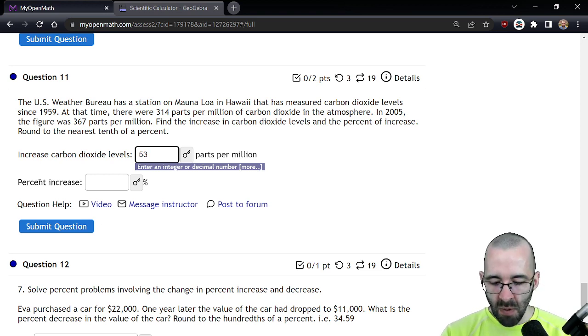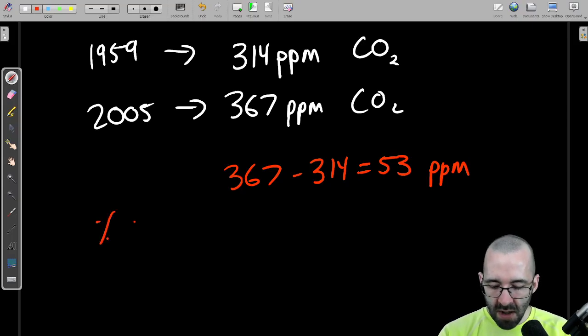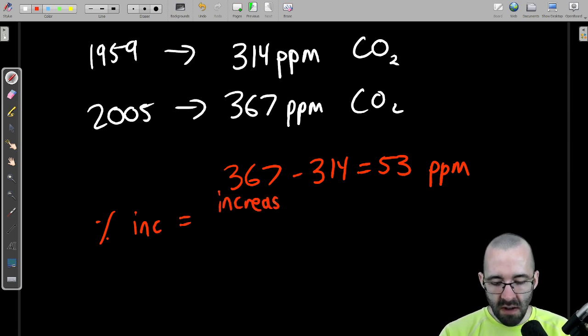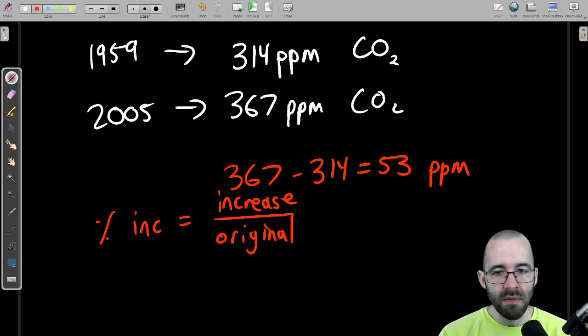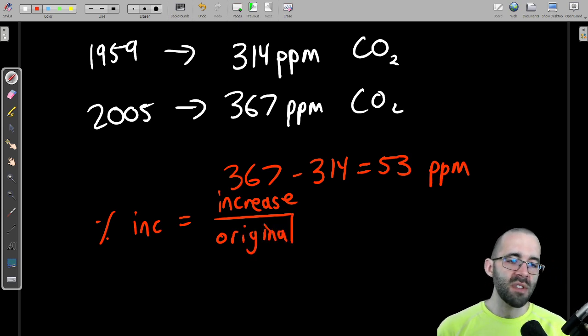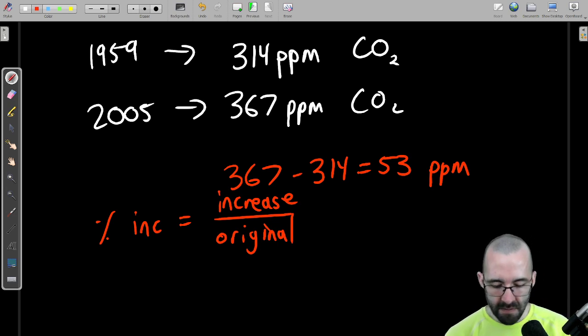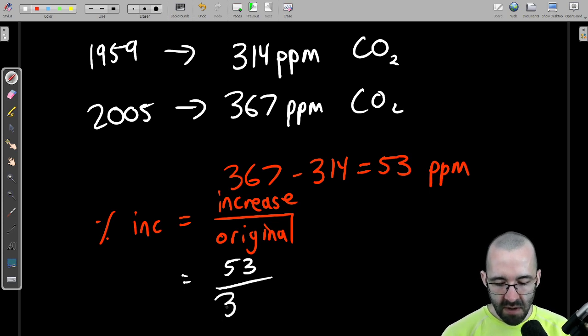Okay. So percentage increase, remember, is always just the increase divided by the original. And likewise, percentage decrease will be very similar. Okay, so what is our increase? It's 53 divided by the original, in 1959 that is, of 314.